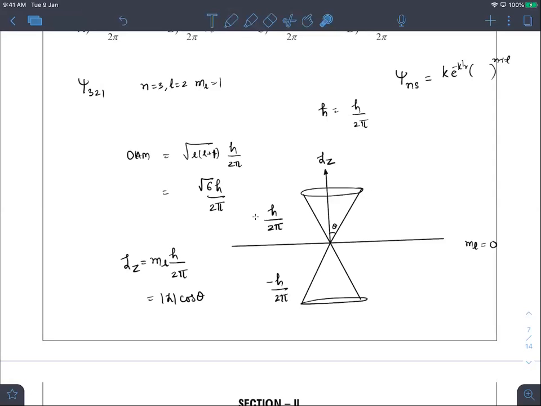Please try these questions. These are some good questions which you can do for eudiometry. If you don't have eudiometry in syllabus, don't worry about that sheet, okay?